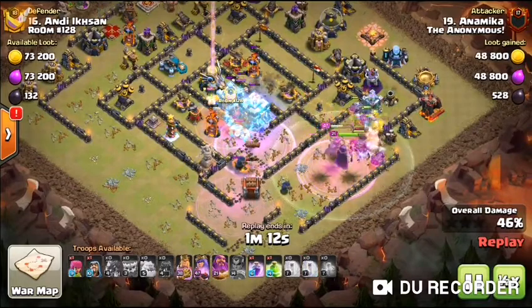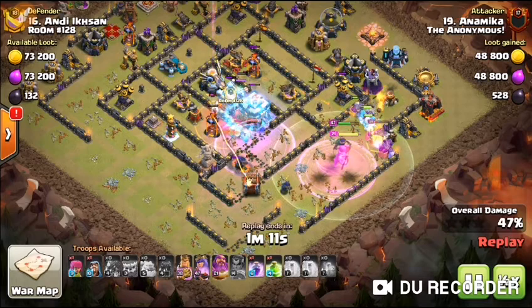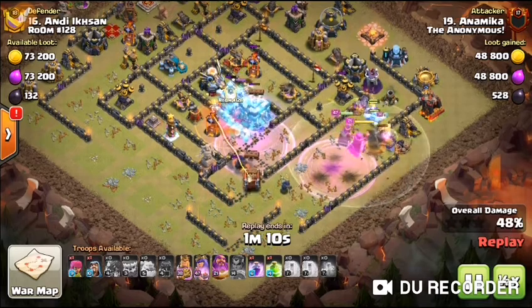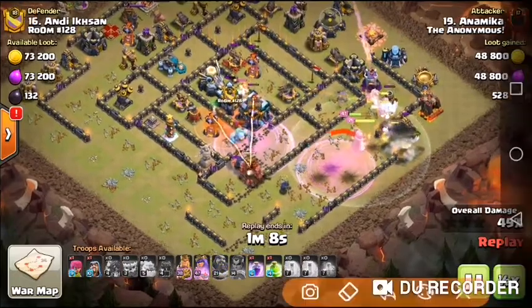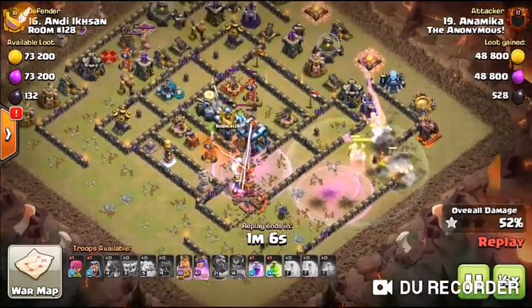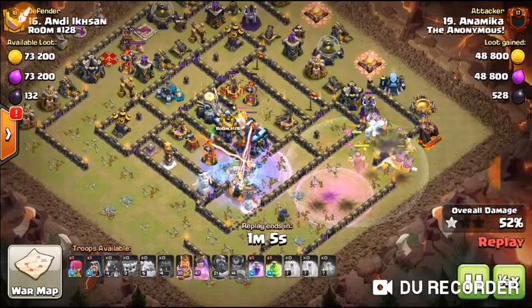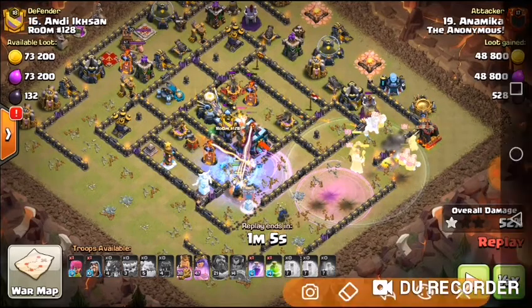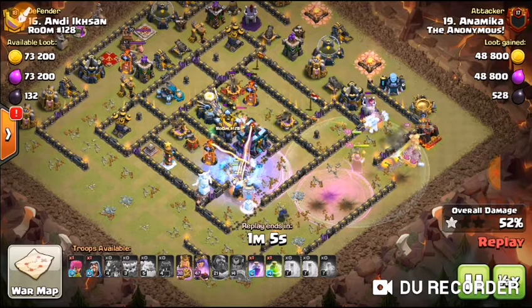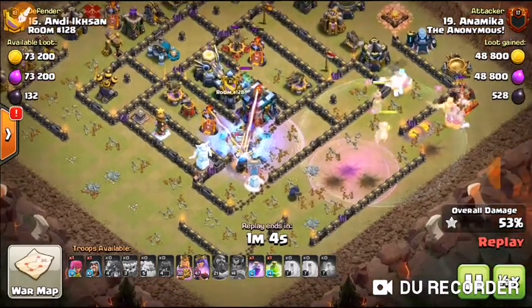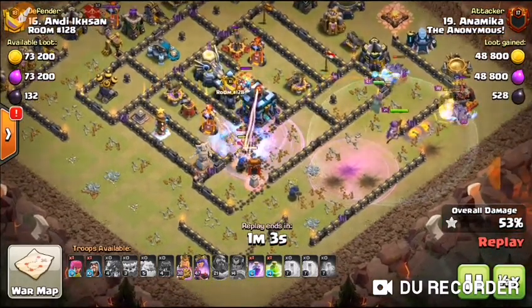Okay, so you can see, guys, wherever the rage spell is being used, almost in that area the defense buildings are being tackled.